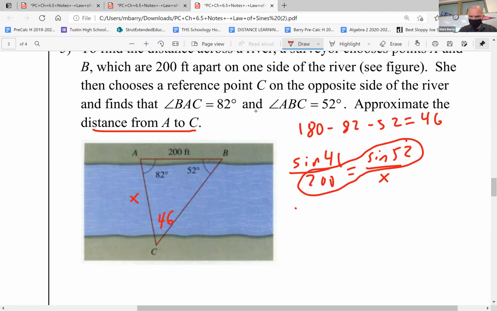We'll be done, right? So this will be 200 times sine of 52 divided by sine of 46.